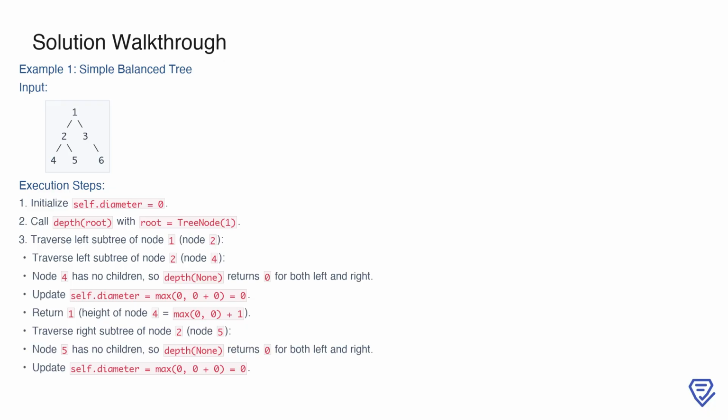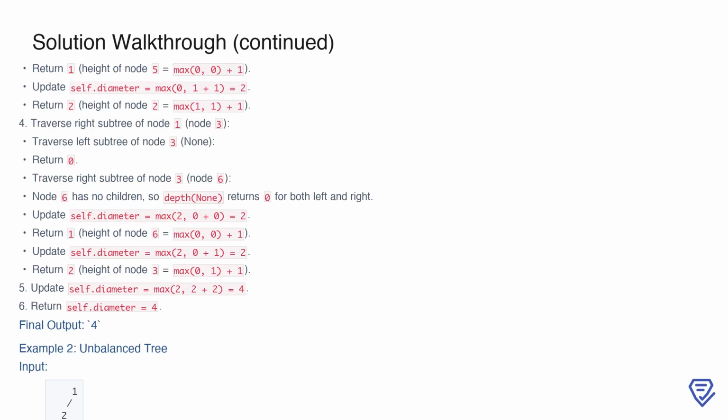Similarly, for node 2's right child, node 5, the height is also 1, and the diameter is still 0 at this point. Now, combining the results from node 4 and node 5, we find that the height of node 2 is 2, since it is the maximum of the left and right heights plus 1. Here, the diameter is updated to 2, which is the sum of the left and right heights of node 2.